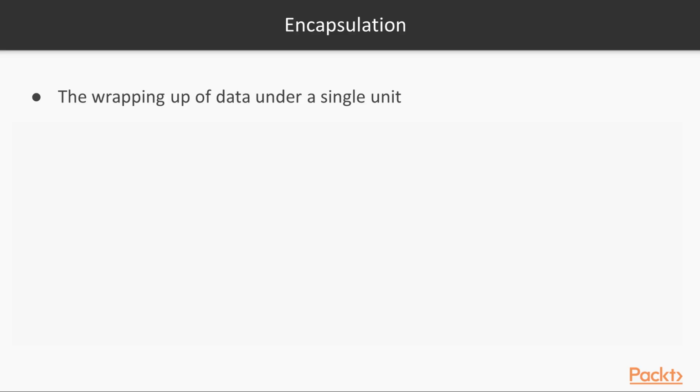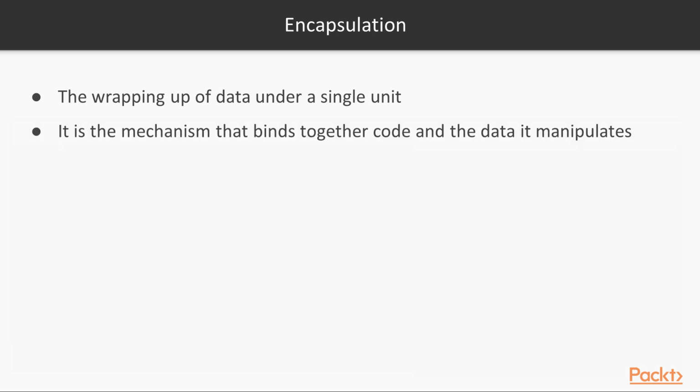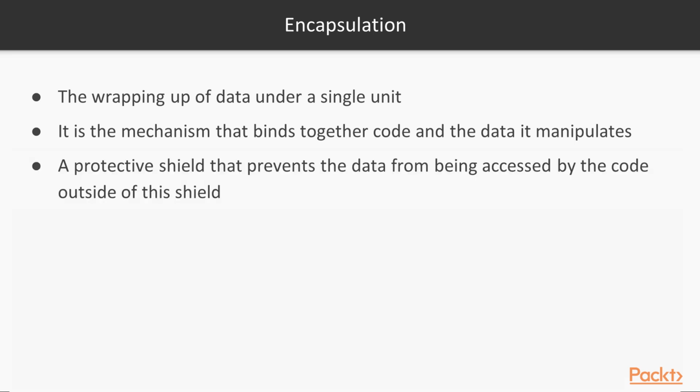Let's quickly go through the theory of encapsulation. Actually, we have been doing and practicing encapsulation in this section. Perhaps you just haven't noticed. Let's go through the theory and we'll look at how exactly we have used it. It's mainly a mechanism to bind code and data and also to hide it from yourself.